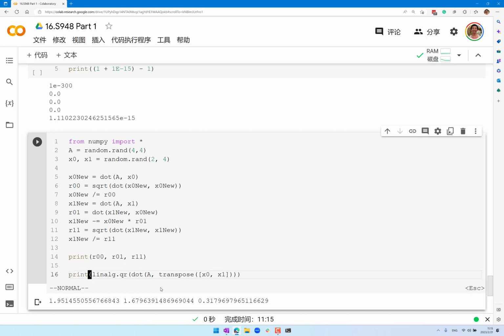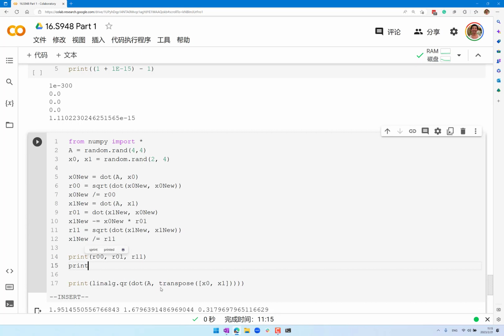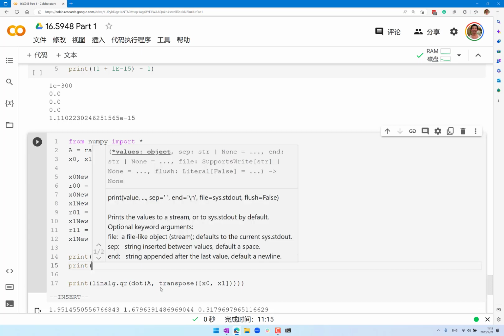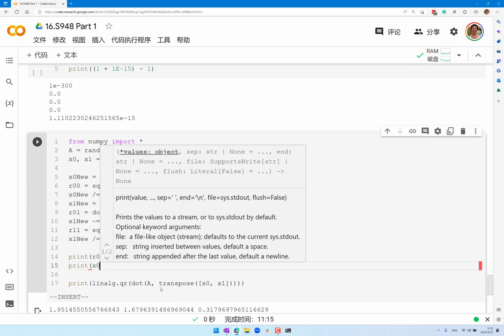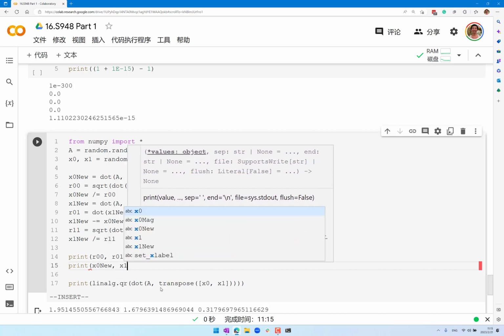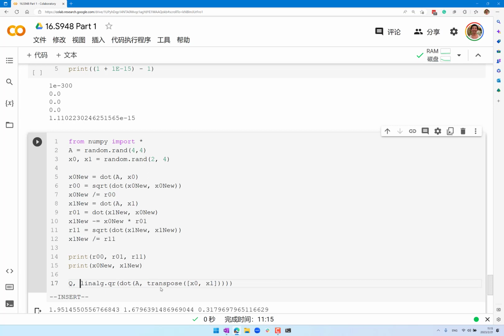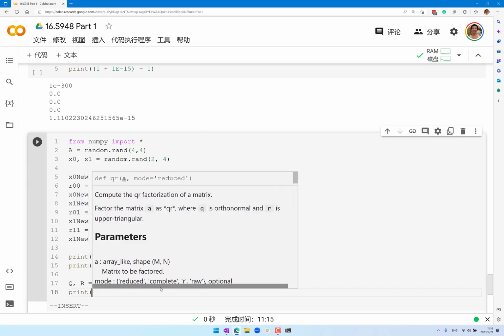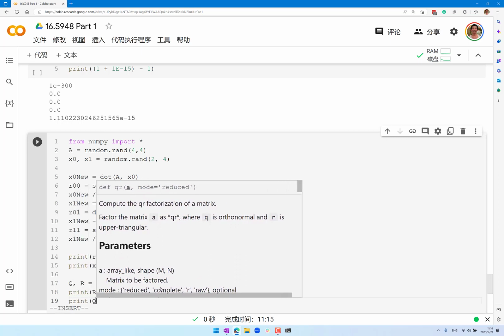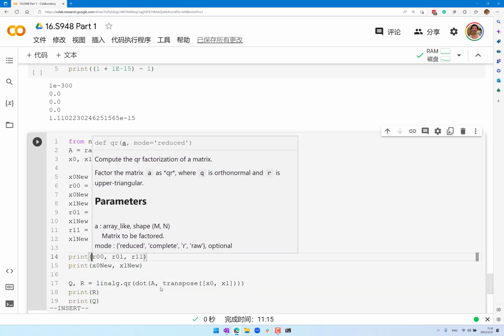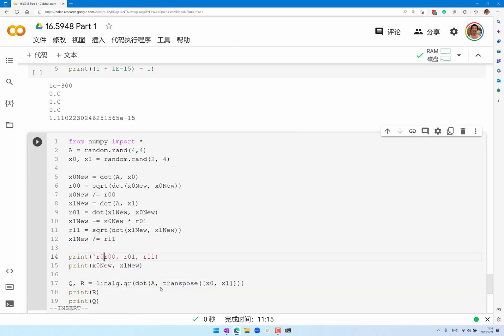Let me print out both the r's and also x0 new and x1 new. So my q and r are equal to the QR factorization, and I print out r and print out q.